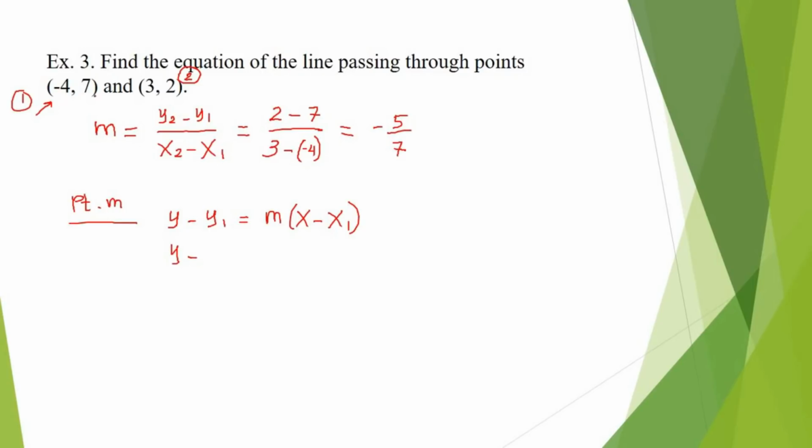So in this case, we simply use this point here. So we have our y1 is 7, our m is negative 5 over 7, and our x1 is negative 4, minus negative 4.